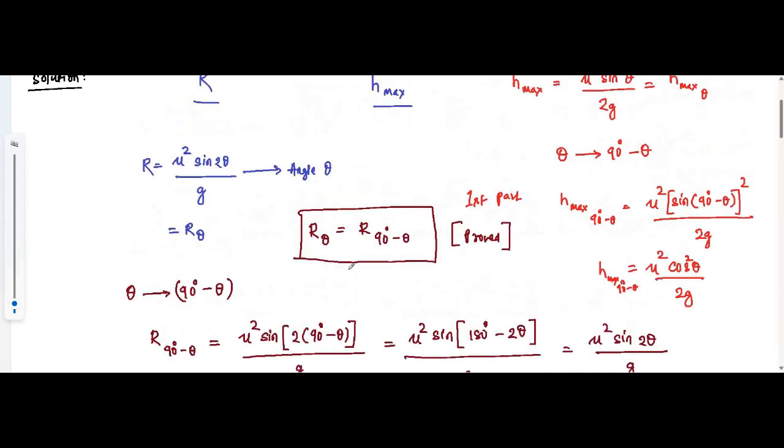Okay, so this is it. So basically what it is saying is that suppose we have a projectile, okay, and we launch it with two projection angles.